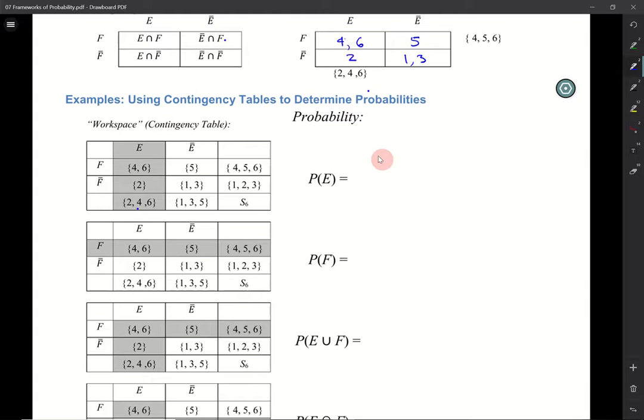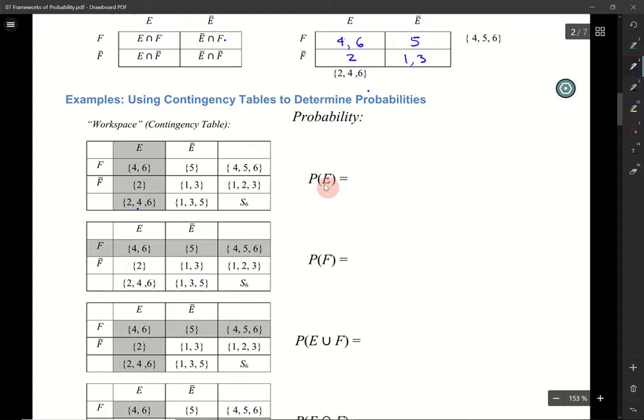So how do you get a probability? How do we compute a probability? What is a probability? The probability is the likelihood of something occurring, right?